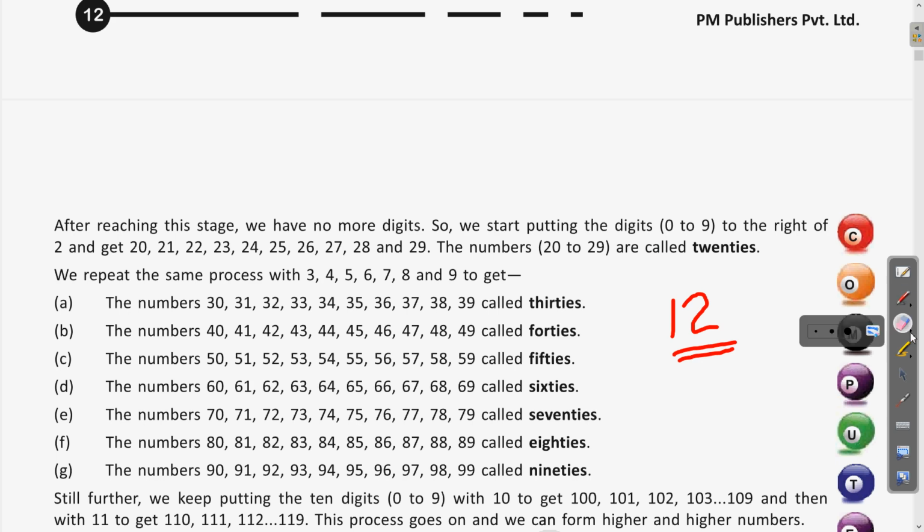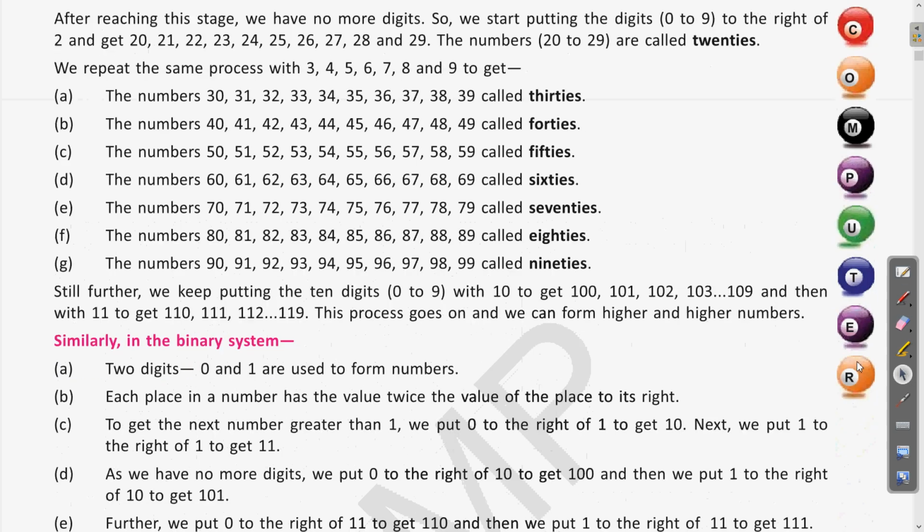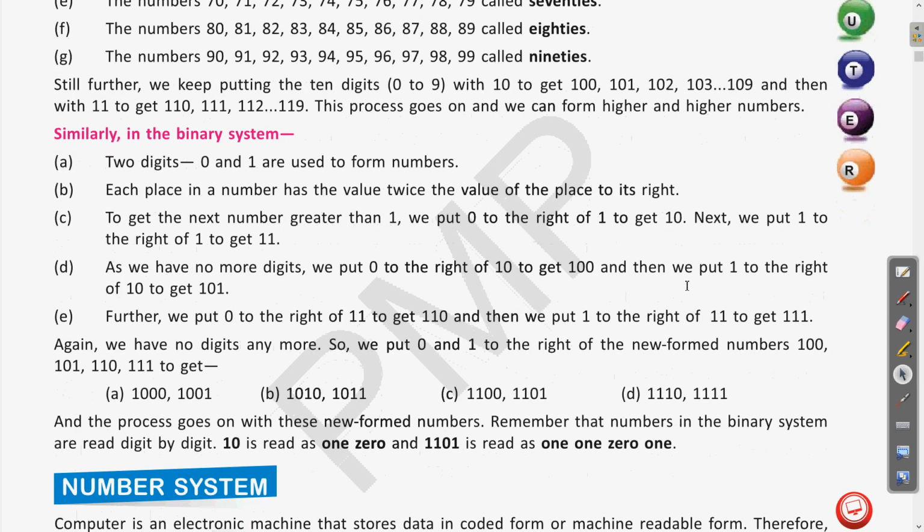Similarly, in the binary system, as we have seen, the numbers will be only 2 times of their right one. Suppose I am writing, and here as we know only 0 and 1 we can take, so if it is written 1 and 1, this one will have the value 1 only, and this is 2 times of 1.